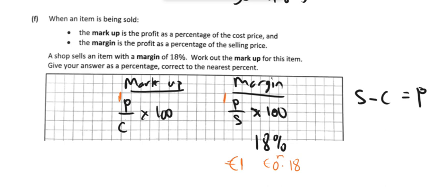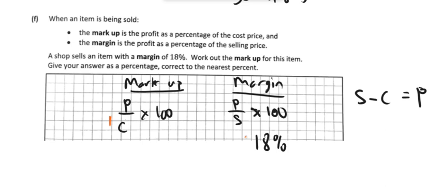If we let 1 be the cost price instead, okay, so 1 be the cost price, well then it works out because 1 is just the easiest number to work with.